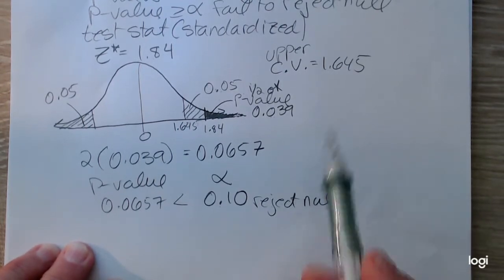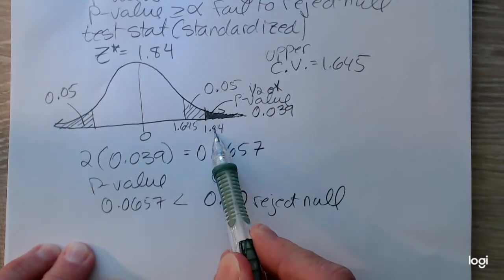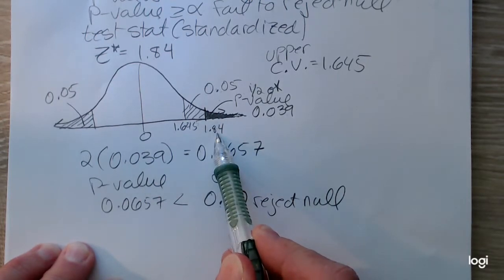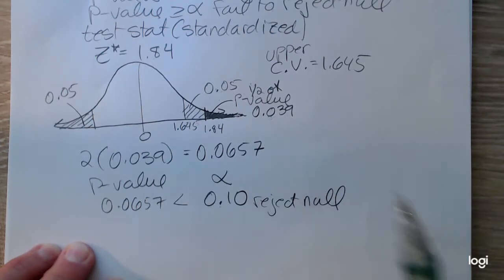Okay? So we saw that previously using the critical value method. One method, you're comparing values along the horizontal axis. The other method, you are comparing areas or probabilities. You will reach the same decision, whatever method you choose.